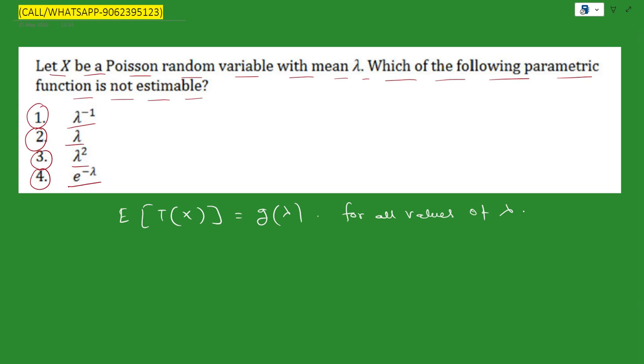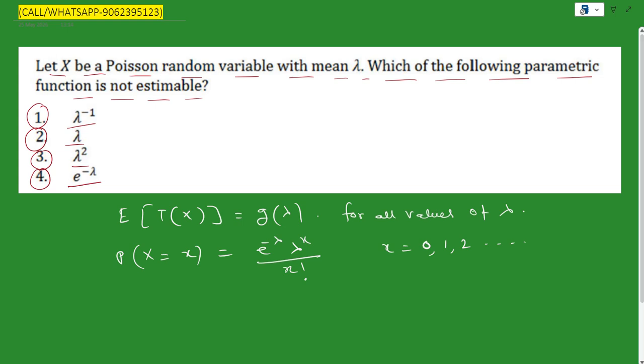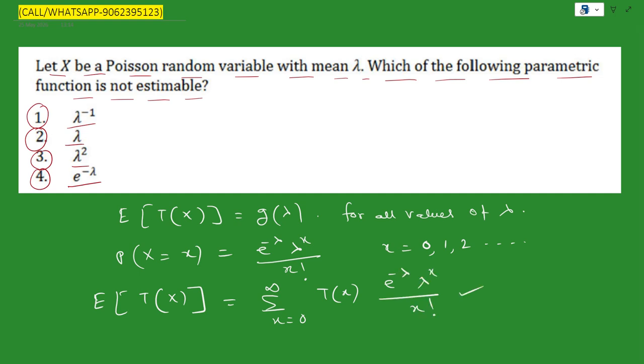Now, for a Poisson random variable, where x is 0, 1, 2, and so on. Suppose we take any statistic T(X), then the expectation becomes the sum from 0 to infinity of T(x) times e to the power minus lambda lambda to the power x over x factorial.